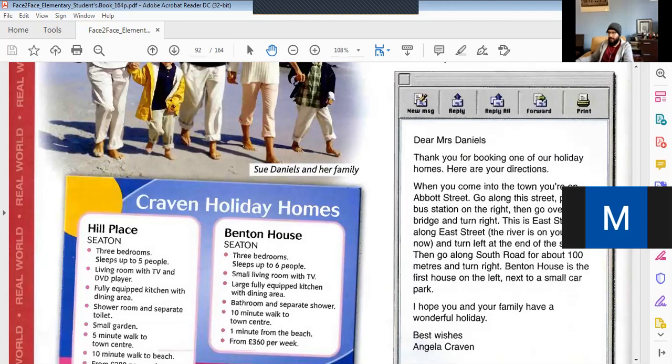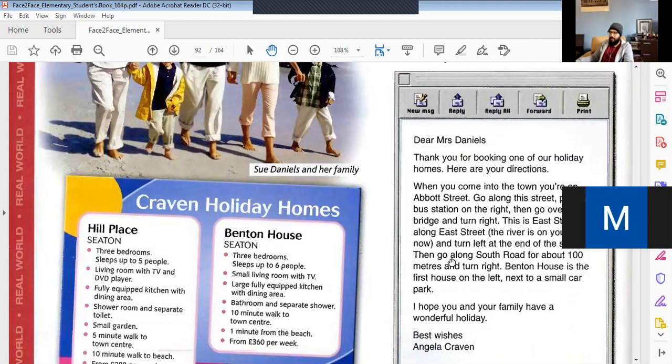The river is on your right now, and turn left at the end of the street. Then go along South Road for about 100 meters and turn right. Benton House is the first house on the left, next to a small car park. I hope you and your family have a wonderful holiday. Best wishes, Angela Craven or Craven.